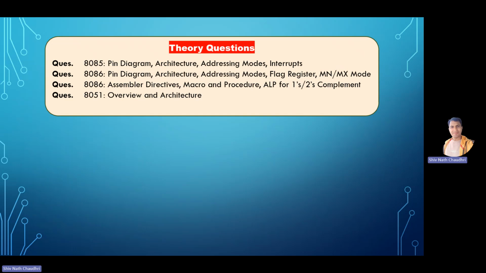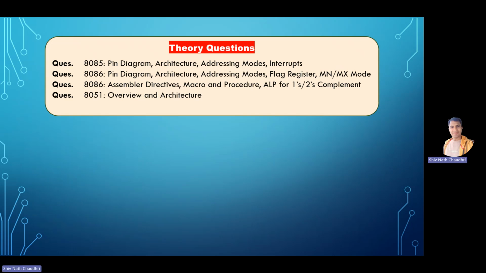ALPs for one's complement, two's complement. This ALP holds logical instructions, or you can also perform one's complement and two's complement using the NOT operation. Logical operations are there. So for one's complement, we can use only the NOT operation.